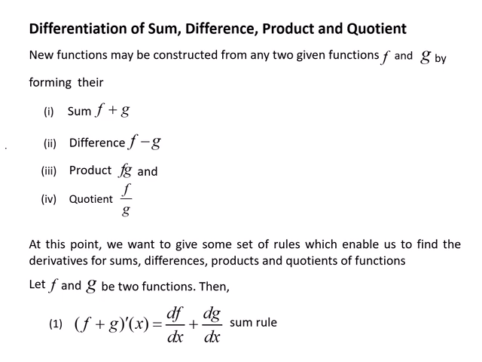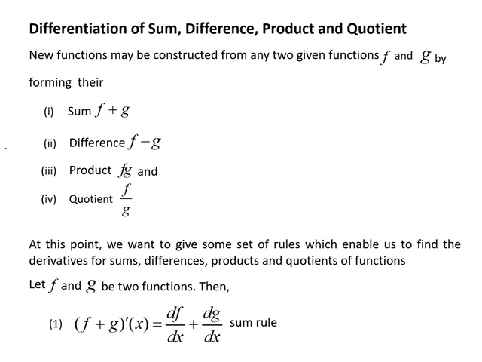Also, number 3 is the product, which is the product rule. fg, this product means multiplication. Product fg. And also number 4, we have quotient, that is f over g. So quotient in fraction, f over g.